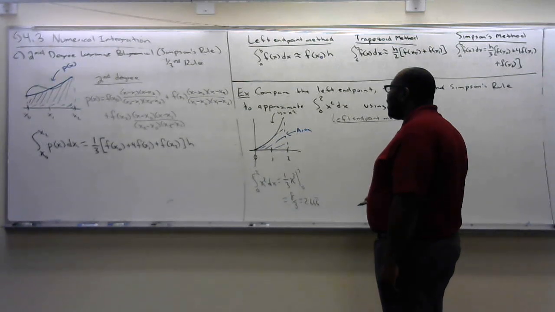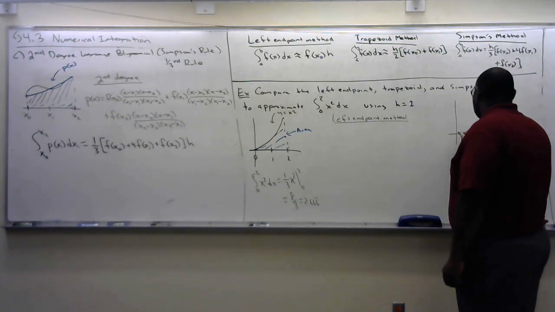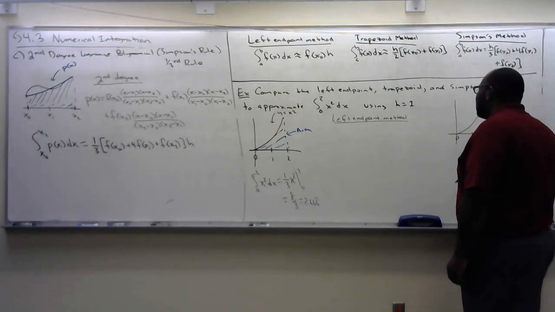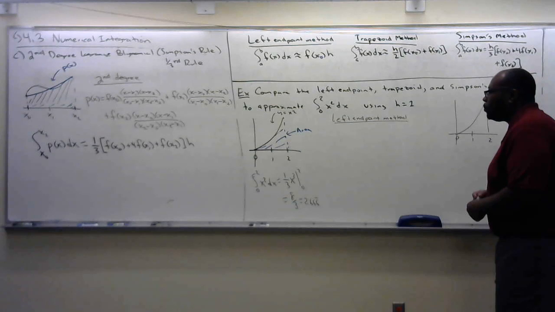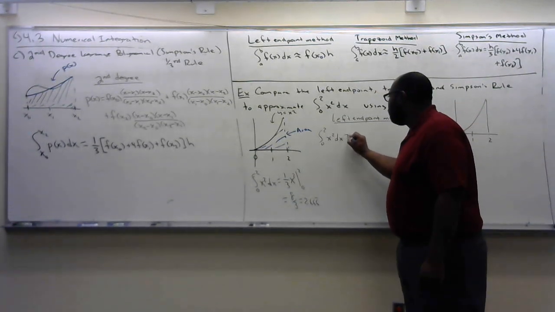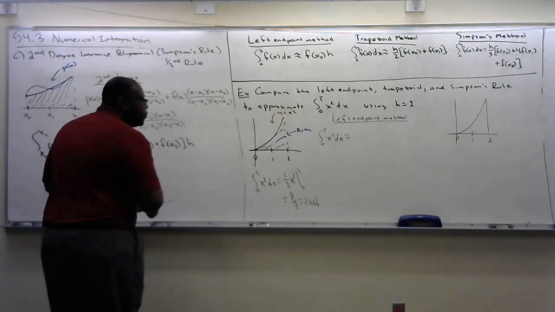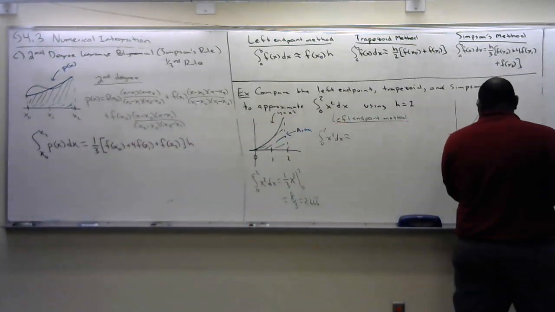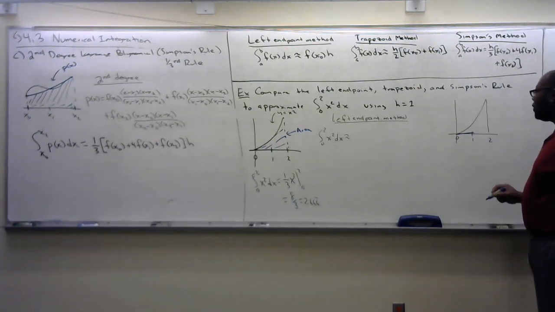With the left endpoint method, I really had to break this up into 2 parts. H is equal to 1, so 0 to 1 is going to be my first approximation, and then from 1 to 2 would be my second one. So the integral from 0 to 2 of x squared dx is approximately equal to, for my first interval from 0 to 1, the left endpoint is 0, so I have nothing there.